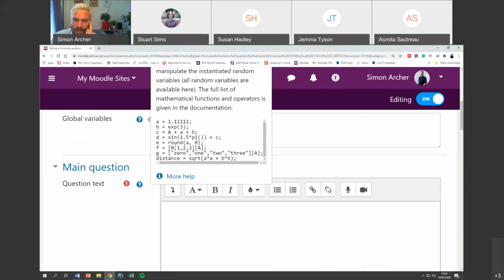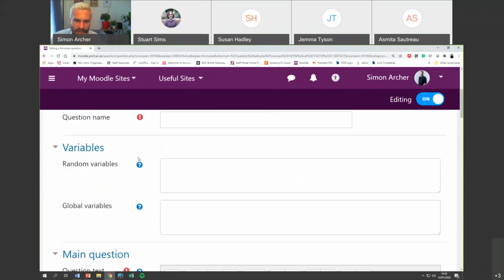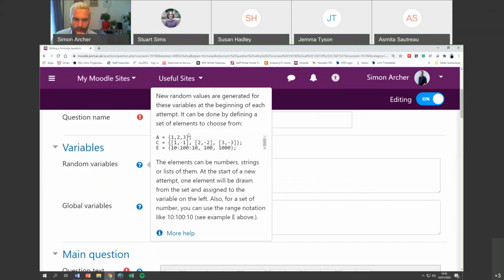You can then go to more help, and that'll go to the Moodle help page as well, which will give you more information on all the different things you can do with it. It tells you how to actually space out your question. Using the curved bracket is really important.